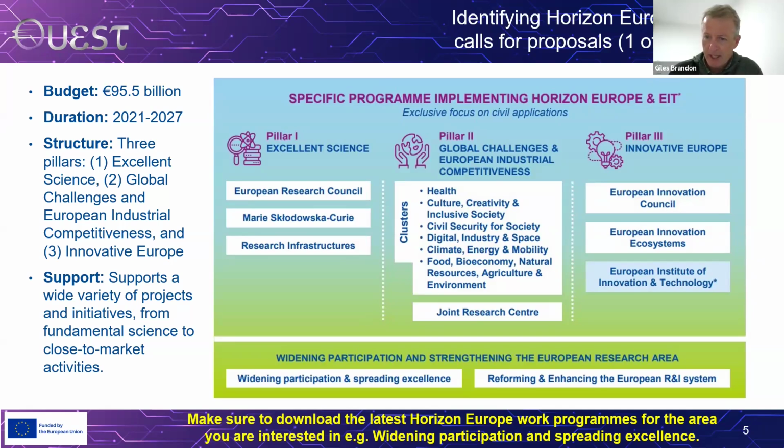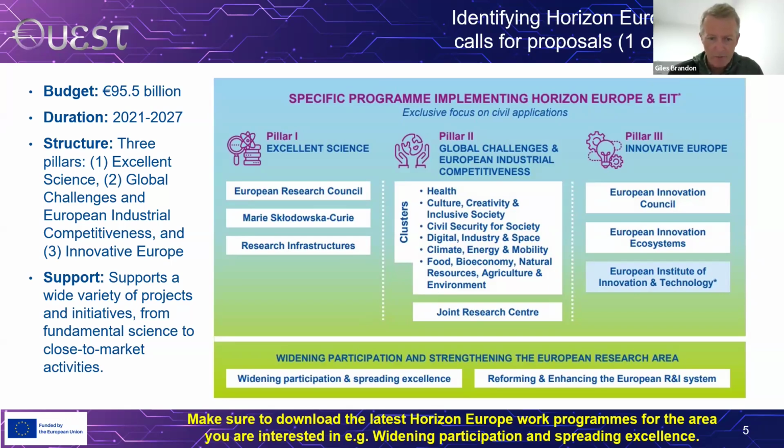Then in the last pillar, pillar 3, we have the European Innovation Council, European Innovation Ecosystems, and the European Institute of Innovation and Technology. I'm sure some of you will be familiar with the European Innovation Council. One of the schemes they run is called the Pathfinder Open scheme. This is for very advanced new technologies. It's a bottom-up driven type of scheme with a call once a year.